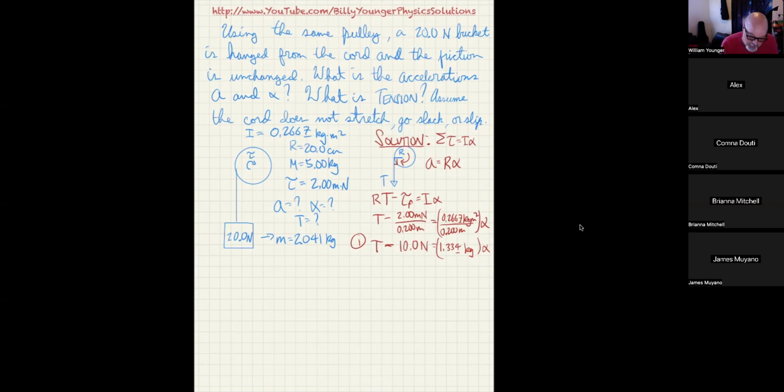So that should mean that the weight going down is the positive direction as well. So my free body diagram is basically going to be a dot right here for a mass of 2.041 kilograms. This is going to be the positive y-axis.